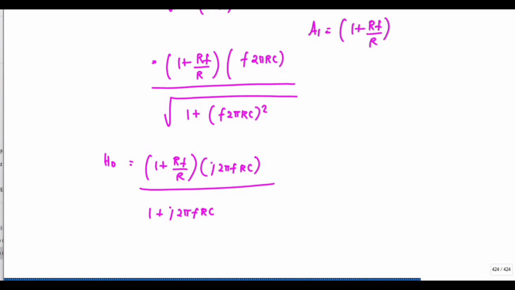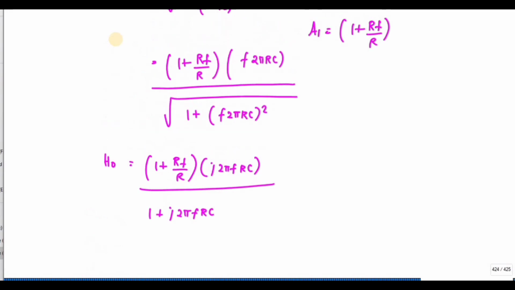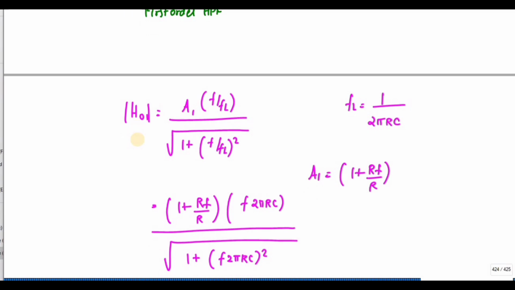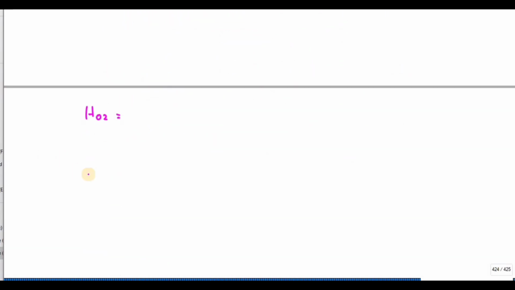Similarly, if I go for the low pass filter, let me take this one as V0 of 1. And similarly for the low pass filter, I can write it as A naught of 2 divided by the root of 1 plus f divided by fH the whole squared. All this we have already derived.